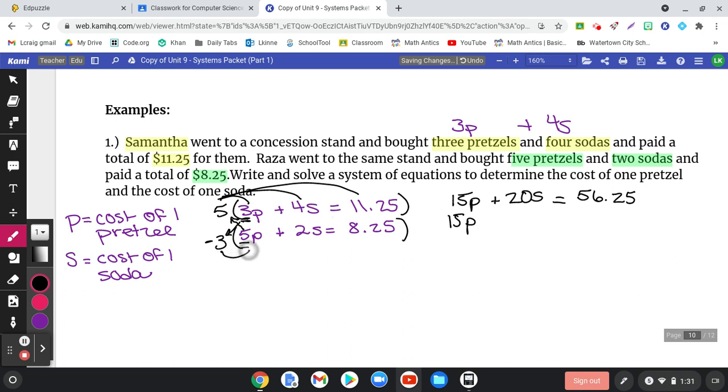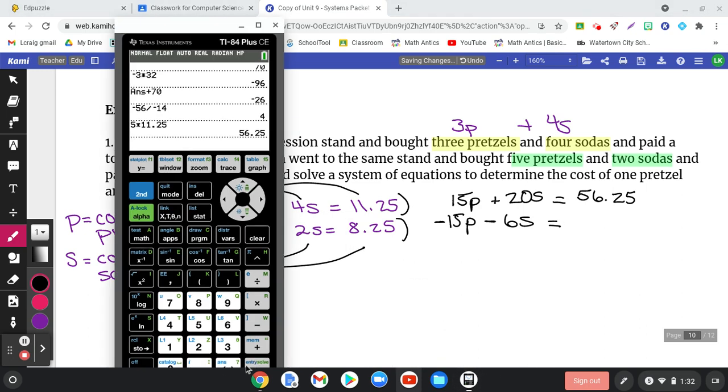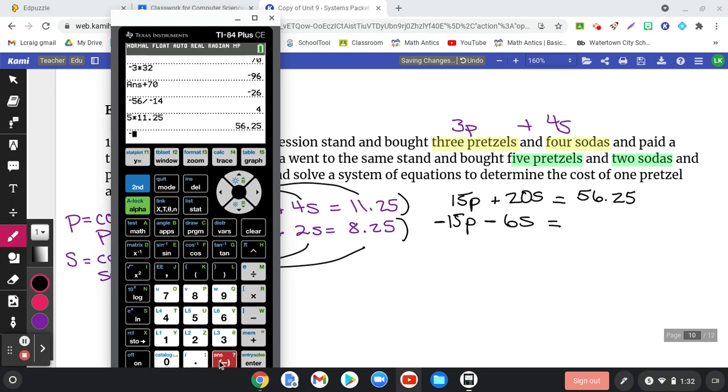So negative 3 times 5P would be negative 15P. Negative 3 times 2S would be negative 6S. And negative 3 times 8.25 gives us negative 24.75.